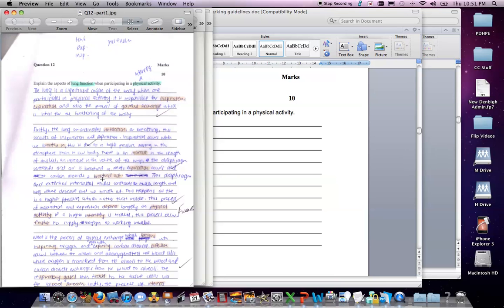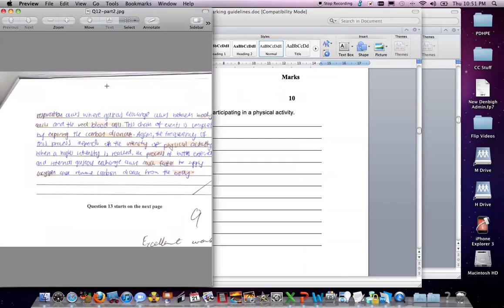This answer again gives us a good understanding of the respiratory system. It also talks about the effect of exercise, where that process is increased, and how the carbon dioxide and the oxygen are exchanged. So generally the question was done to a satisfactory standard.